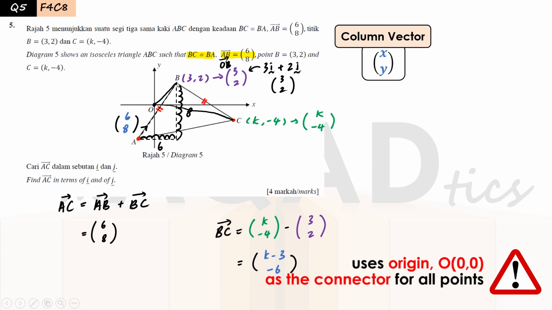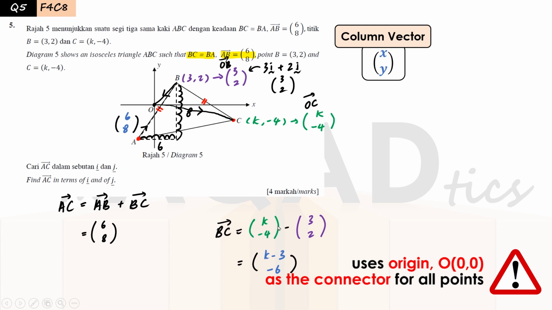So now from B, I want to go to C. So from B, I need to go through O first. So my direction is like this, B to O. But just now it was O to B. So opposite direction, we need to put a negative. That's why in the working, there's a negative for 3, 2. And now from O to C, we are going in the same direction, and this column vector is describing O to C, which is why here it's positive.